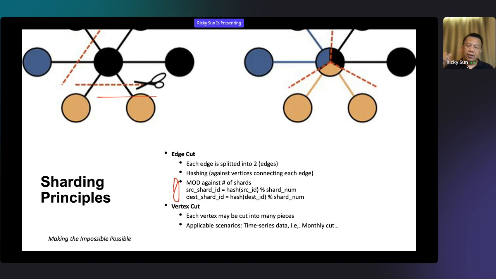Assume you are saving your data one month on each HTAP cluster. That's a typical scenario where all your processing against that single cluster doesn't require data involvement or migration from other HTAP clusters. So that's one way to make sure that even if you do a vertex cut, it doesn't really affect your performance, right?